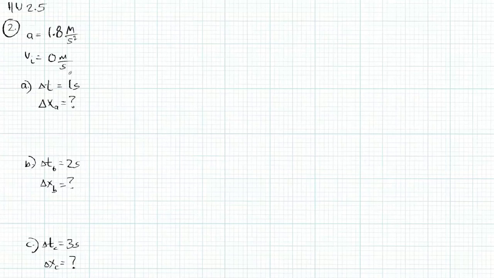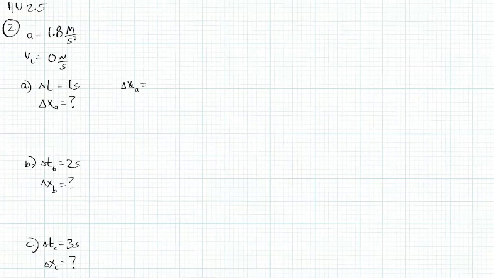Well, let's go back to A. We've already written down what we know, but what we need to do now is find an equation that relates all of these values. We have our acceleration, we have our initial velocity, we have our time at A. So the displacement for that is what, and what would the best equation be? If you look through all the 5 that we have derived, you'll find that the one that fits best is, I believe, equation number 4, where it relates the displacement to time, initial velocity, and acceleration.